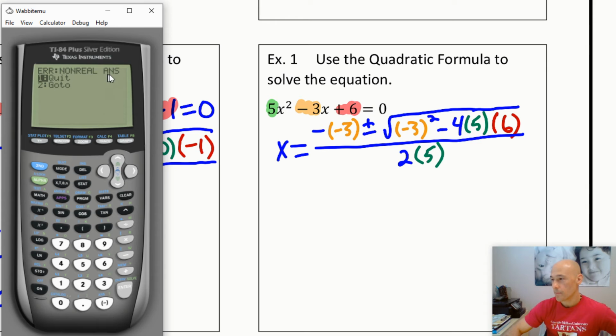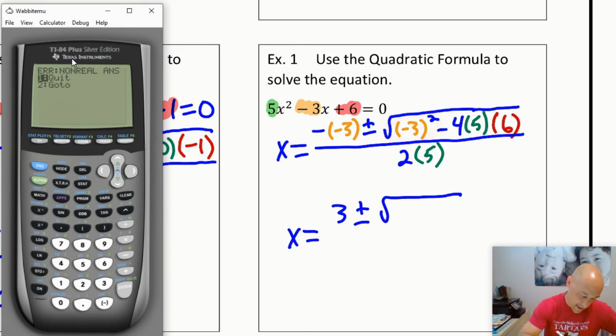a non-real answer. So the problem here is under our square root, so let's just look at that. I'll copy that square root right here. So we have x is equal to positive 3 plus or minus the square root.